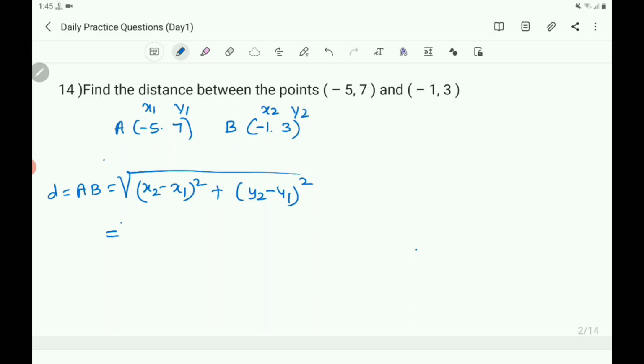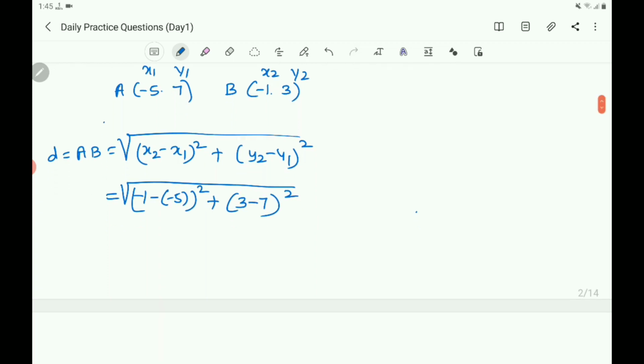Then you write square root of x2, x2 is minus 1, minus 5, that is minus of minus 5 whole square, and you write plus y2, y2 is 3, y1 minus 7 whole square.